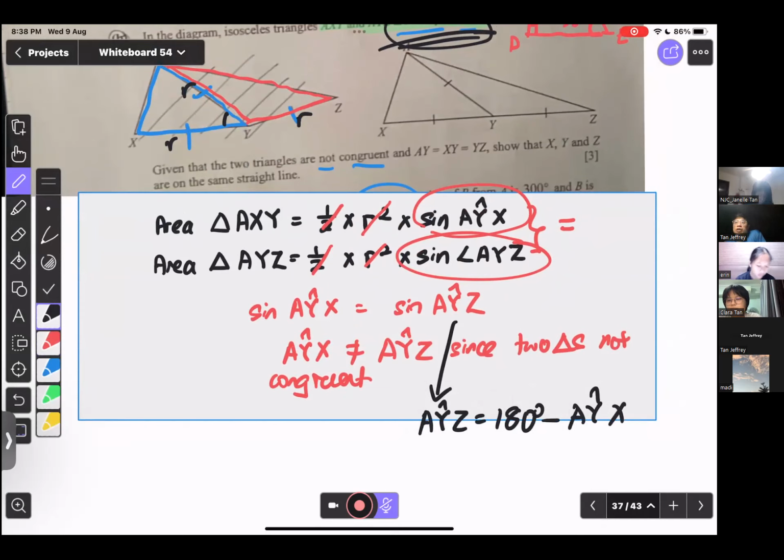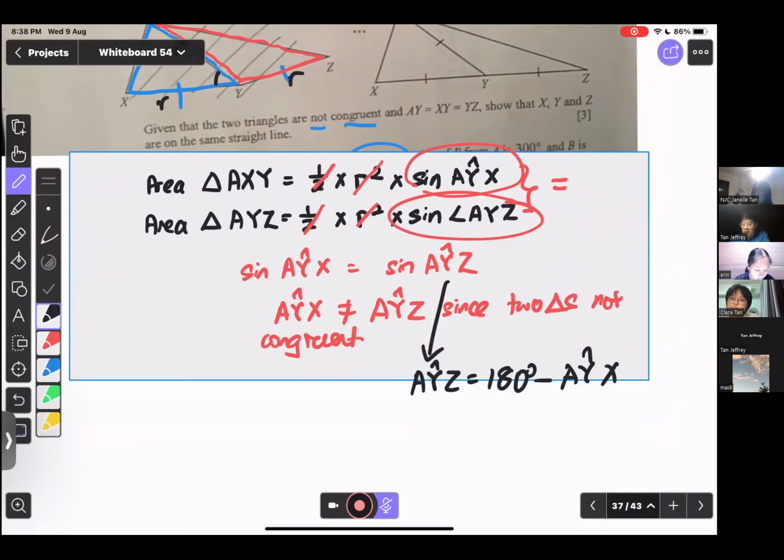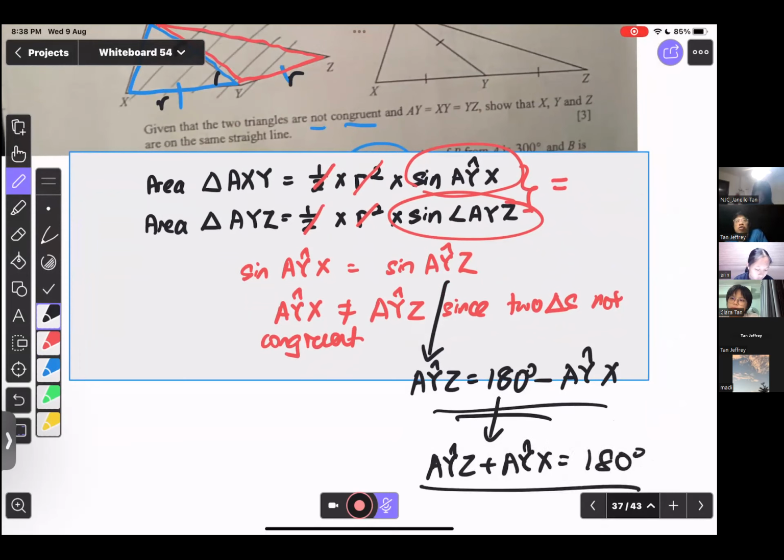A lot of things I bring in: topic 9, topic 13. This tells you angle AYZ plus angle AYX is 180. They lie on the same straight line. Very easy.